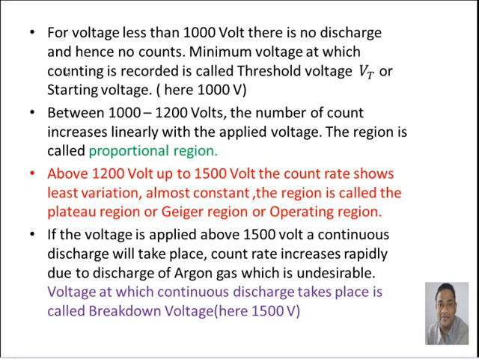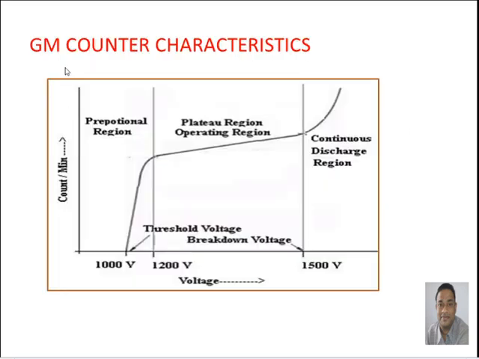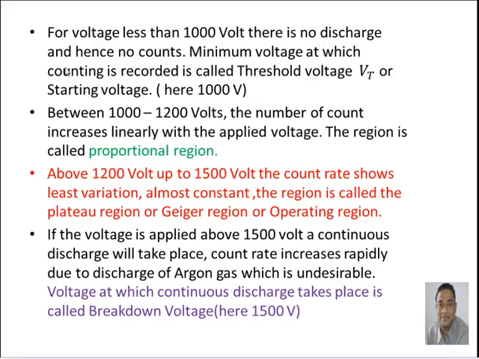Now if you increase the voltage further above 1500 volts, then a continuous discharge will take place and the count rate suddenly increases due to discharge of the argon gas, and this is undesirable for a GM counter. The voltage at which there is a continuous discharge is called the breakdown voltage.